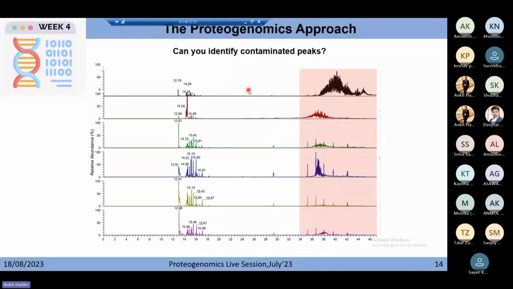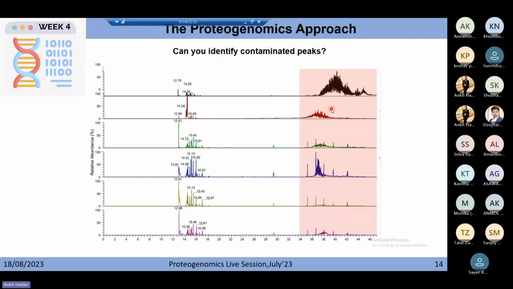But here you can see that there is a hump or distortedness at the end of the elution. This means that something is coming out from your column and eluting out, which is not expected. These are contaminants, and this will indicate that you will not get good runs with these chromatograms.